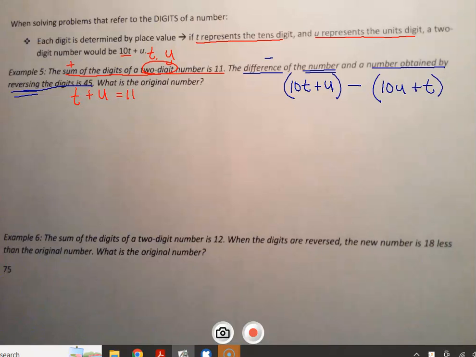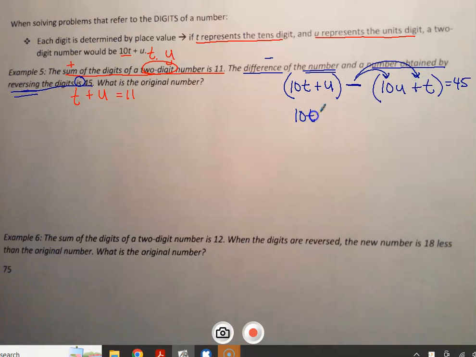Okay, so there is the beginning of it. The reversal means equals, so equals 45. So those are our two equations. The blue one here, we can simplify that. Remember this minus sign needs to be distributed to each part. So let's simplify this a little bit.